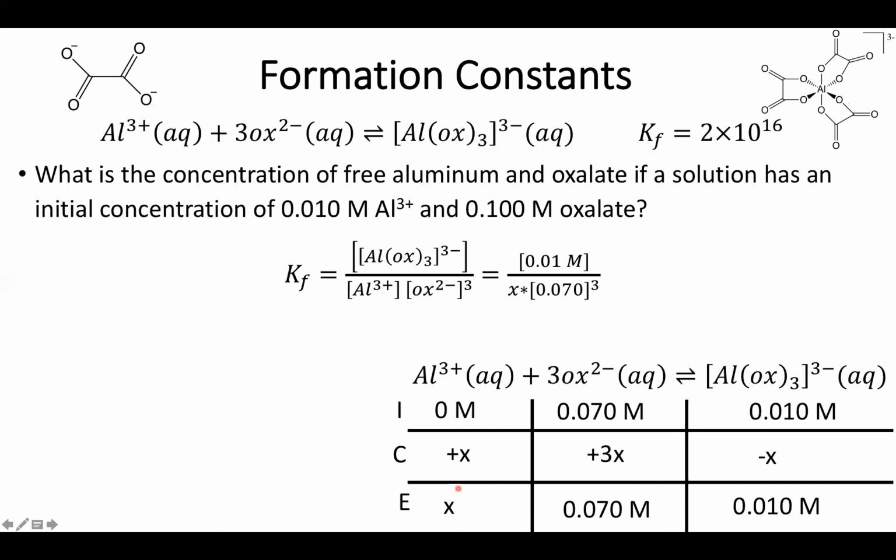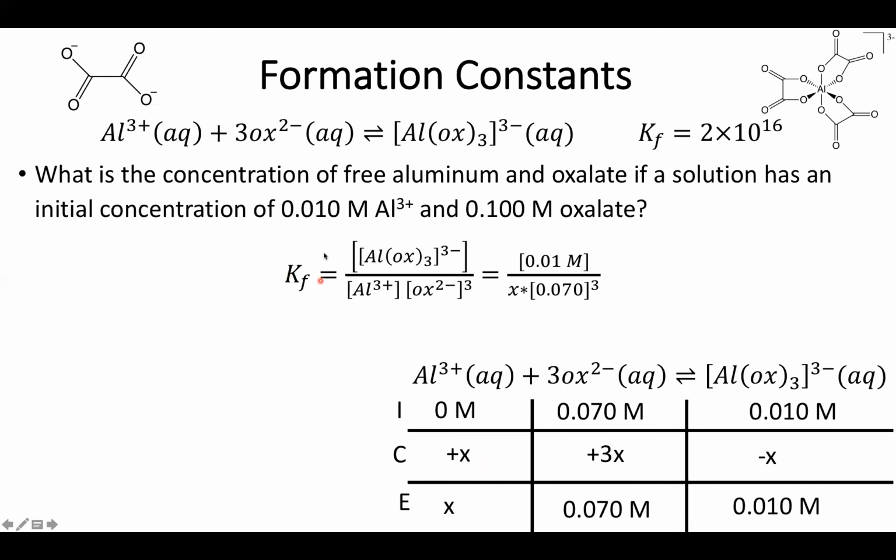We can then take these values and plug them into our formation constant, again with a value of 0.01 molar for our complex and 0.07 molar for the oxalate, remembering to raise it to the 3rd power. Then our value for X goes into the aluminum concentration.